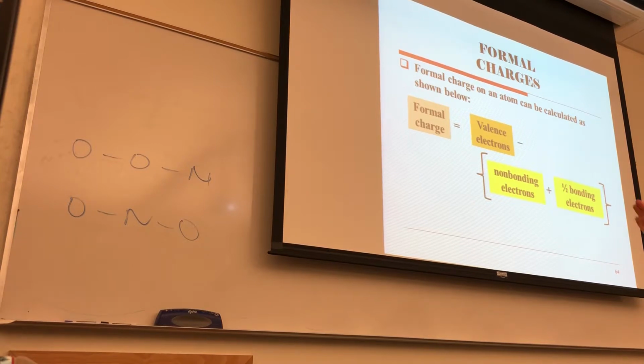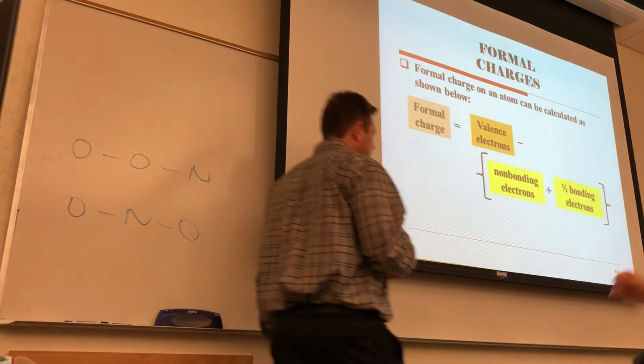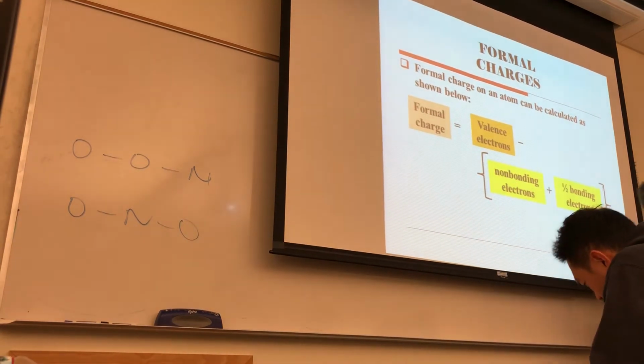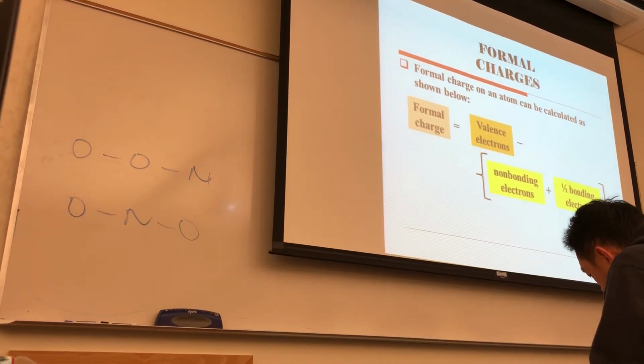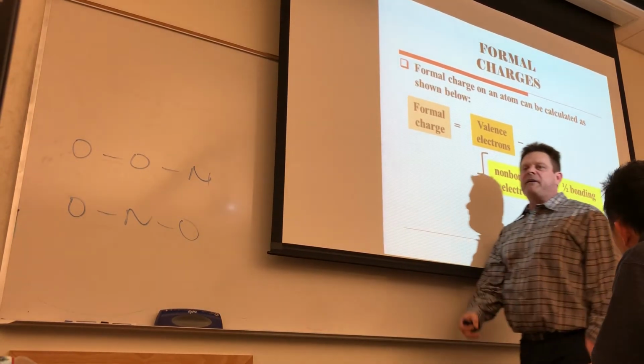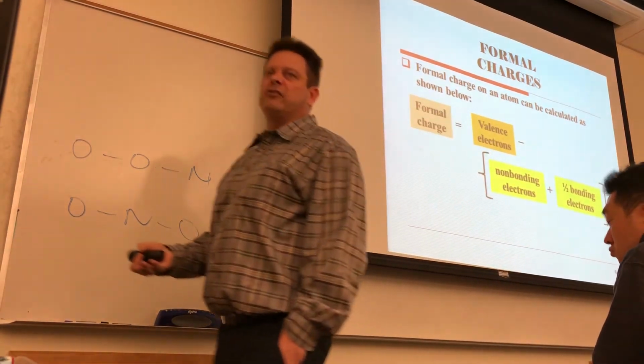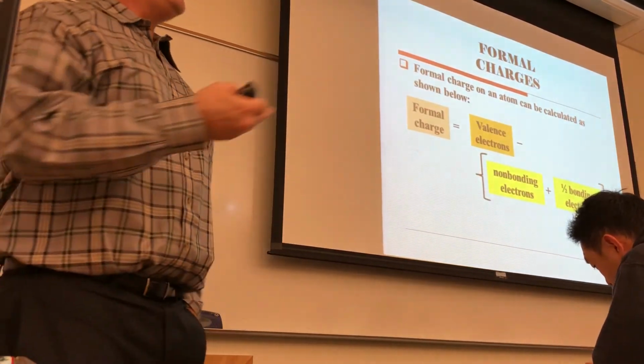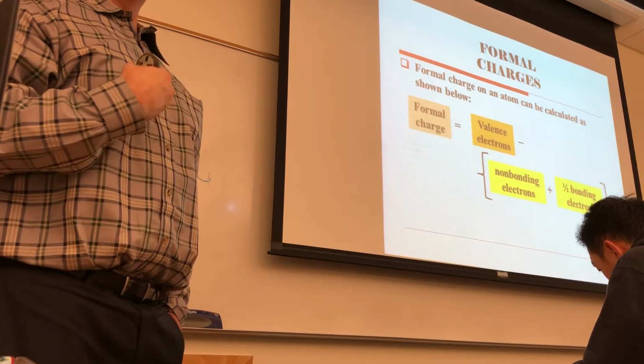So, valence electrons. Let's take a look at bromine. How many valence electrons does bromine have? Bromine, 7. So 7 goes here. If I have bromine connected to oxygen, how many bonds does that bromine form?